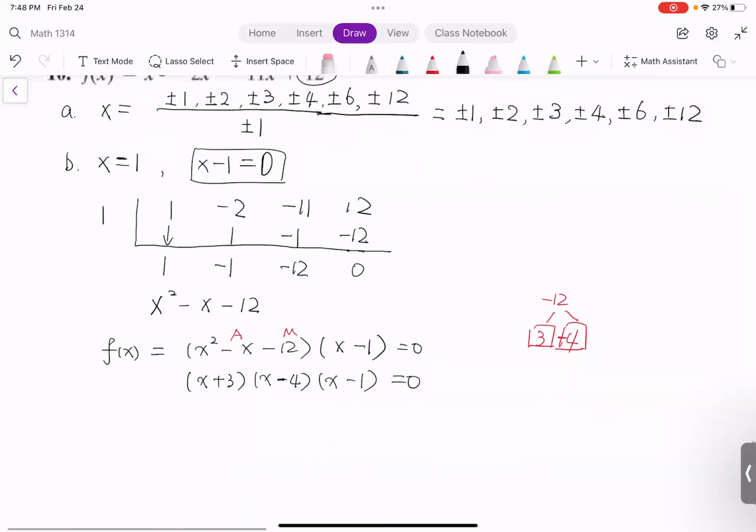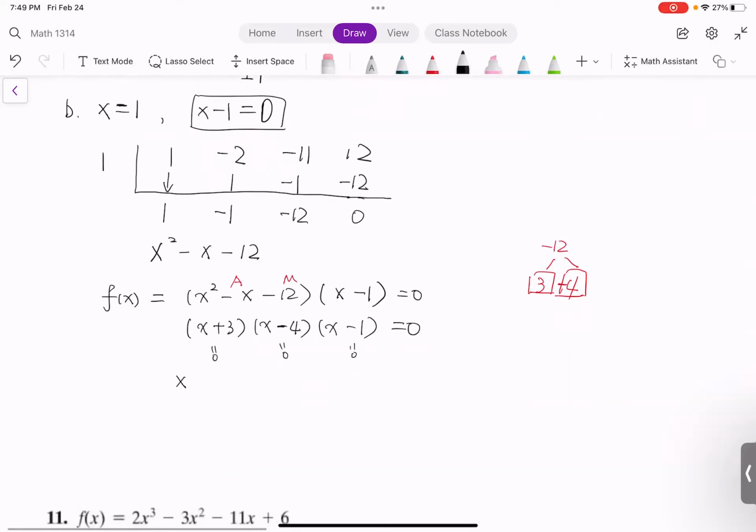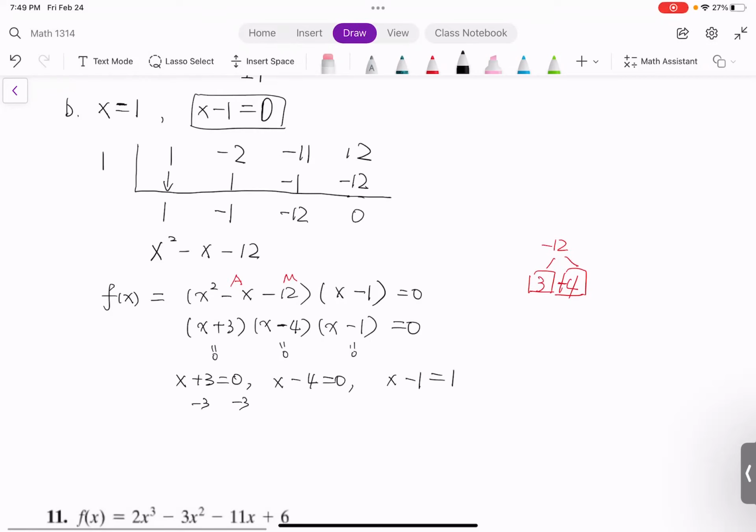And then we set the first factor equal to 0, the second equal to 0, the third equal to 0. Then we have x plus 3 equals 0, x minus 4 equals 0, x minus 1 equals 0. Subtract 3, x equals -3. Second equation, we add 4 to both sides: x equals 4. And then the last equation, oh, why did I put 1 here?